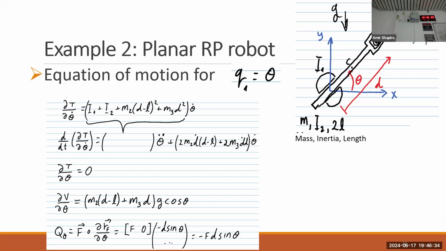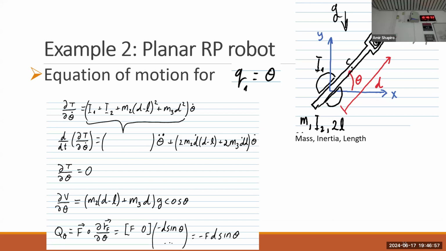I need to take the derivative over time of this. So first I take everything times theta double dot. And then I take the derivative of what's inside. What's inside, you see here, there's I1, I2, they are constant.